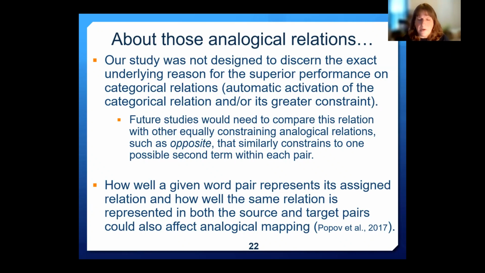But there's probably some variability, and probably some more variability within those causal relations in terms of the strength of that cause-effect relation. I did not assess the degree to which the word pair reflects its relation, as Venn has in some of his research. But that's an important limitation to the study. It's an important thing to keep in mind that could also explain to some degree the differences across the relations, particularly with the causal and the compositional having lower accuracies than the categorical.